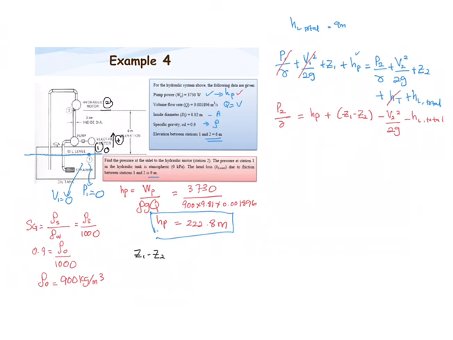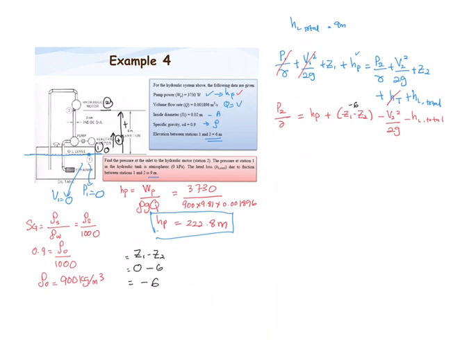So Z1 is 0, and the difference going upward is a positive 6. So in the end, Z1 minus Z2 is negative 6.